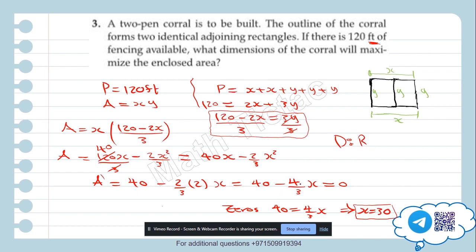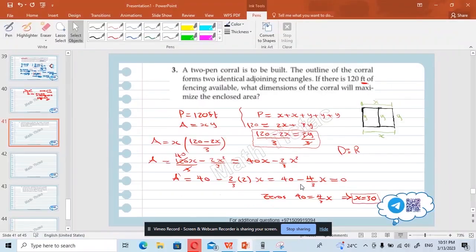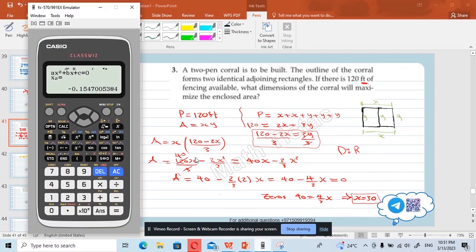So let's write this in the calculator and substitute any value. In here, this is my function: 40 minus 4 over 3 x. Then calculate at a value less than 30, let's say 2.